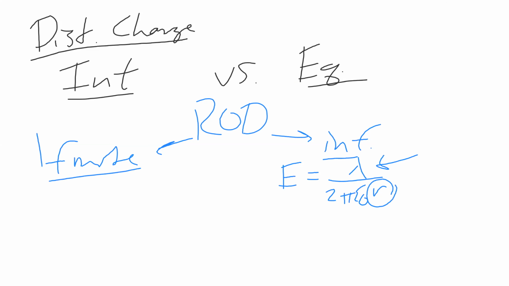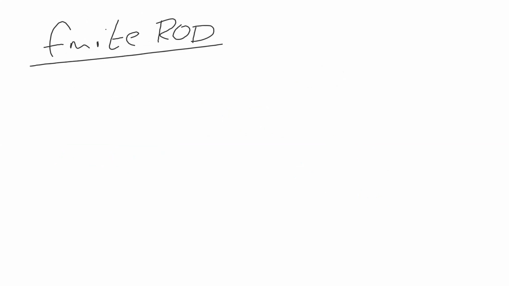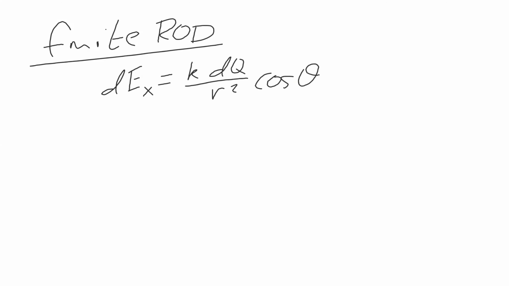So let's go ahead and talk about a finite rod problem. In order to do the finite rod problem, we have to solve two integrals, an x and a y integral. The x component of the electric field is dE sub x equals k dq over r squared times cosine of theta. This maybe isn't always the case, but I tend to stick to cosine of theta for x. Some people switch them around.